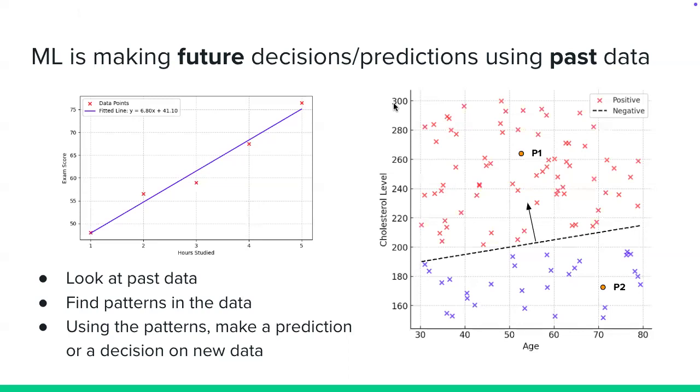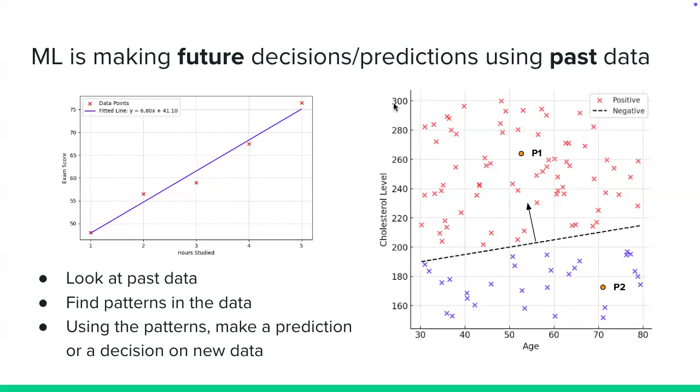We looked at 2 examples in the first lecture. The first example, we looked at 5 students, and we knew the hours that each student studied and their exam score. And so what we did was we fit a line to these points.